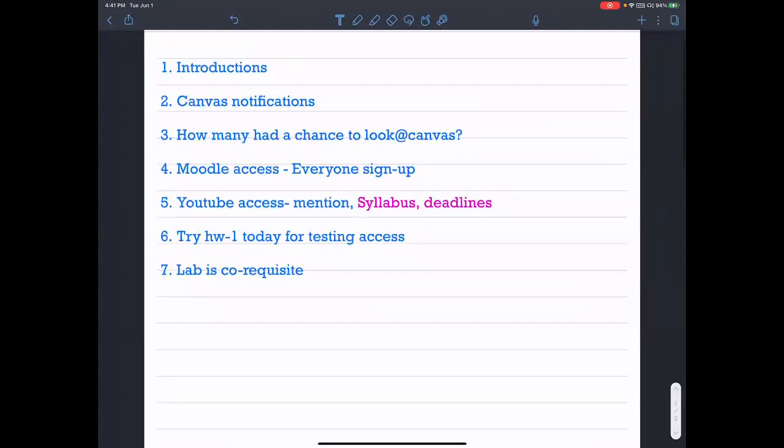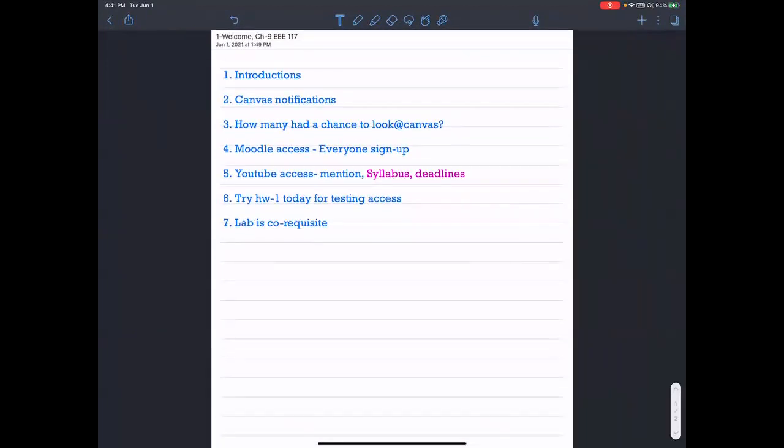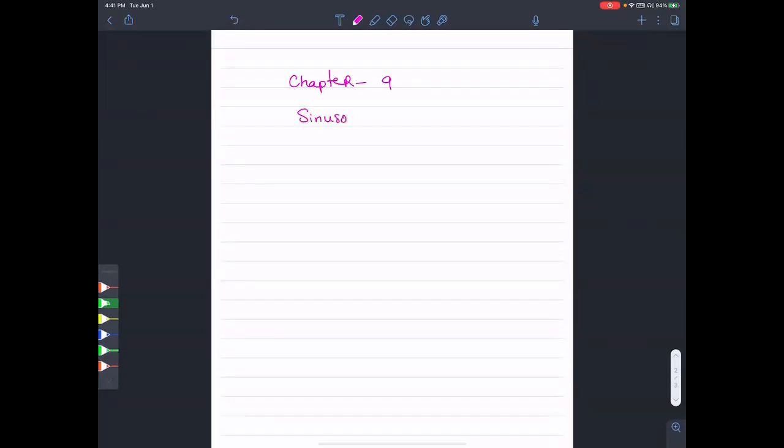With those housekeeping items out of the way, let's quickly review chapter 9, sinusoidal steady state analysis.